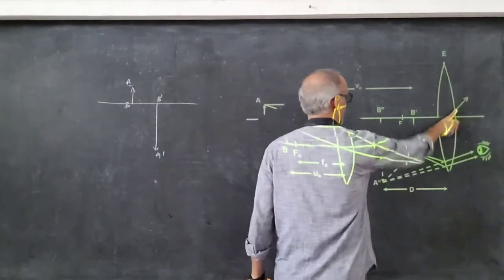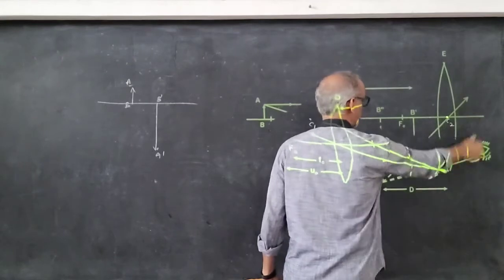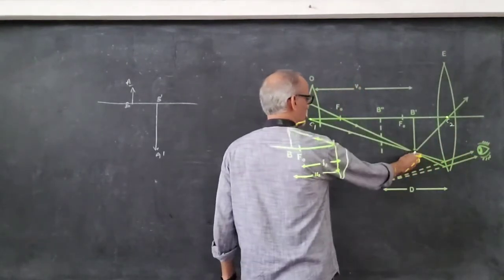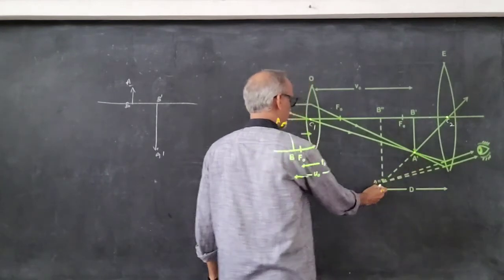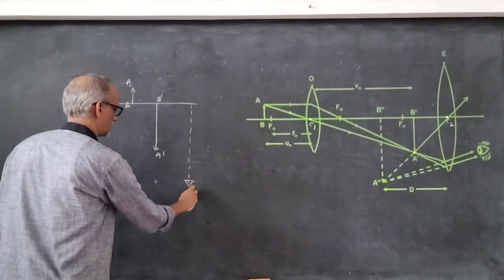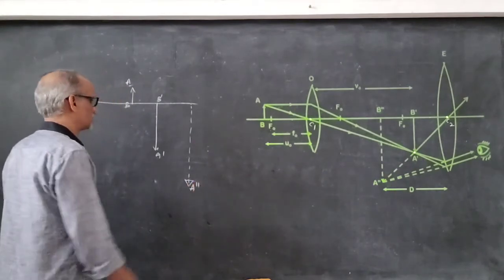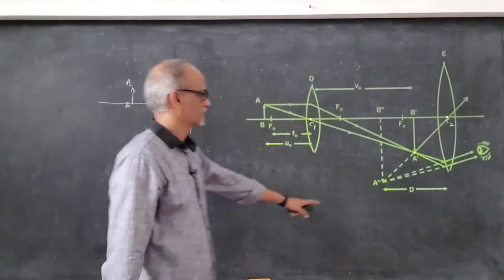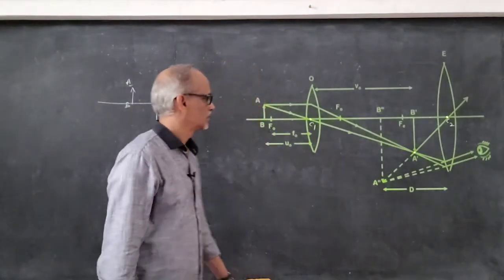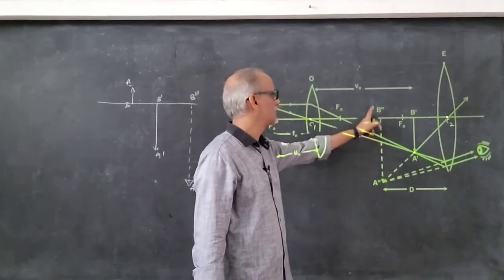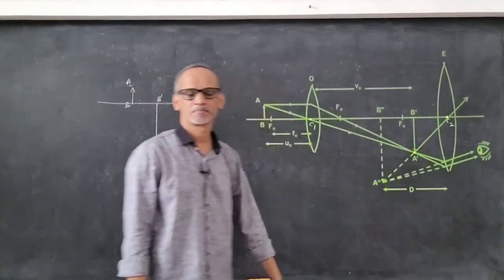So here we have one ray, two, three, they diverge, and when you extend them backward, corresponding to A dash we get A double dash here. This is A double dash, and this is B double dash. Okay, so we get one more image. So A double dash B double dash is the image for the eyepiece.